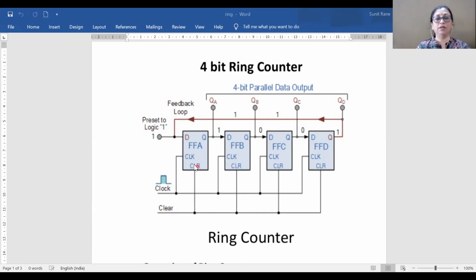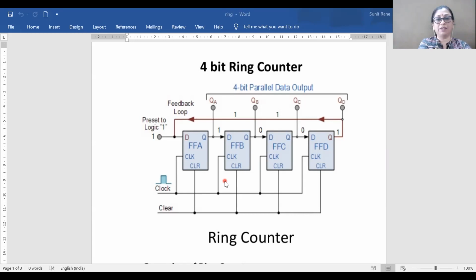Okay, so each D flip-flop has 2 inputs, D input and clock, and one output is shown here, Q, but Q bar is present here. And one more asynchronous input is shown here, which is called clear, and this clear pin or clear input is an asynchronous type of input because it will not need a clock pulse for its operation.